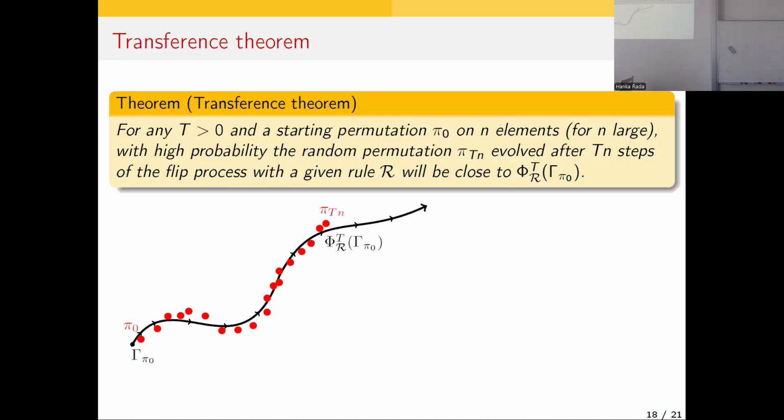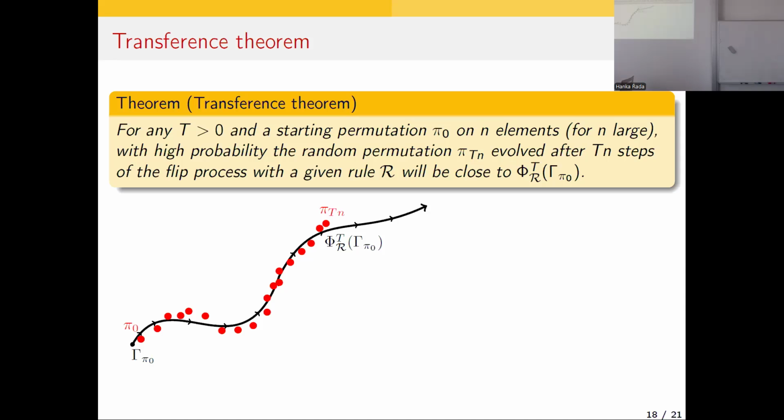And what we've shown is the transference theorem, which says that if we take a big permutation and we do the flip process with it, then after t steps of this process, with the rule R, we get close to the permuton which is given as the trajectory of the permuton representation of the initial permutation at time t.